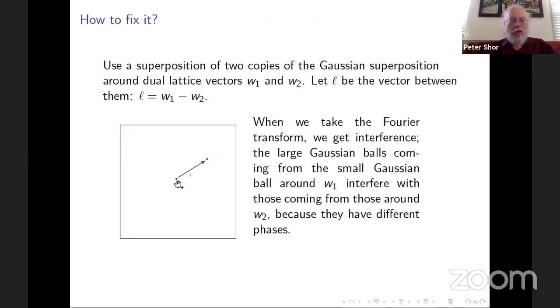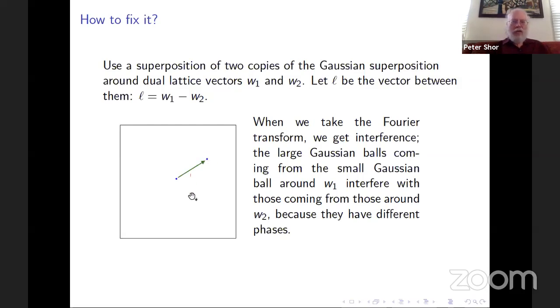So here is our L vector, and here are these two Gaussian balls whose superposition is our quantum money. Now our counterfeiter is going to take L prime, which is nearly exactly L, but the difference between L prime and L is roughly the radius of this small Gaussian ball.